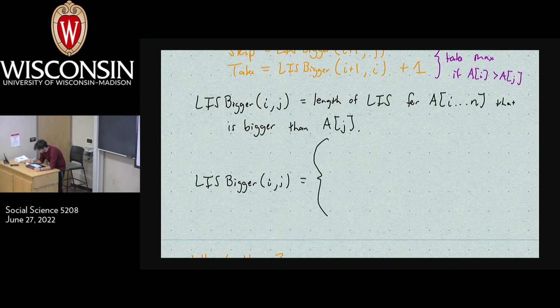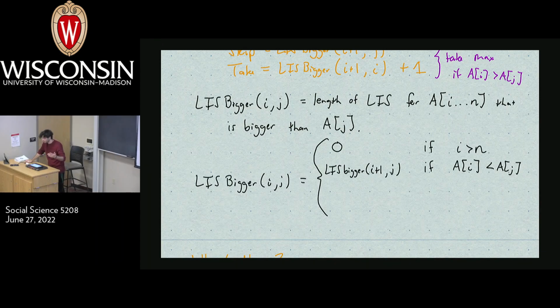So let's start with the base case. It's going to be 0 if I is greater than n. That means we've fallen off the array. Obviously, the longest subsequence of nothing is nothing, so its size is 0. Otherwise, if AI is less than AJ, we have to skip, and so we just return LIS bigger of I plus 1, J. So the biggest element doesn't change.